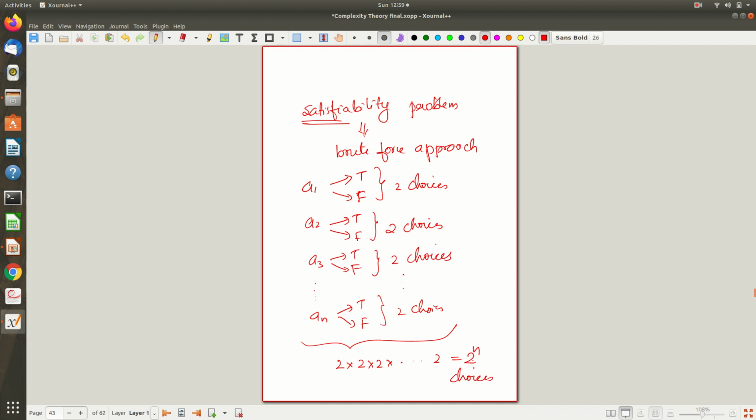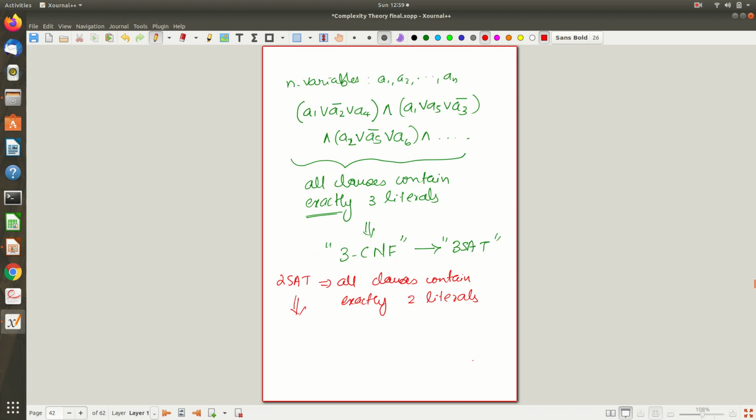So the trivial approach is going to take 2^n running time, and this is applicable to 3-SAT also, because 3-SAT also involves n variables, but only the structure matters. Every clause is going to contain 3 variables, and that structure has some relevance that we might see later. But anyway, the problem is inherently difficult.